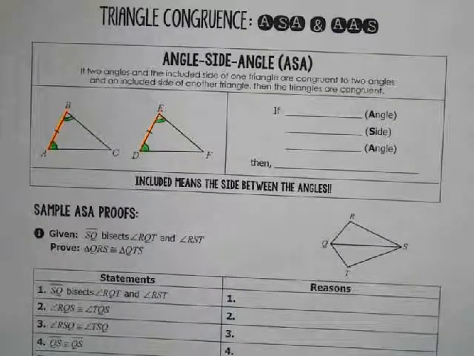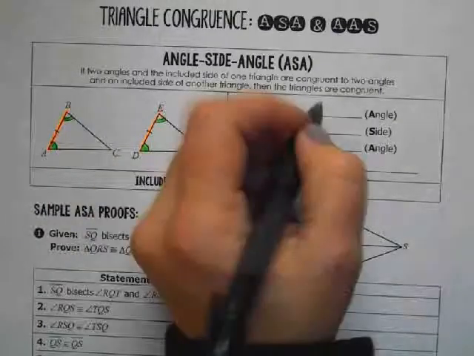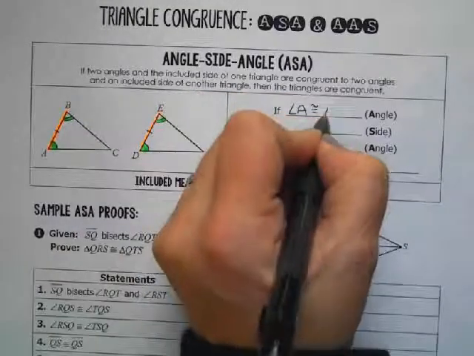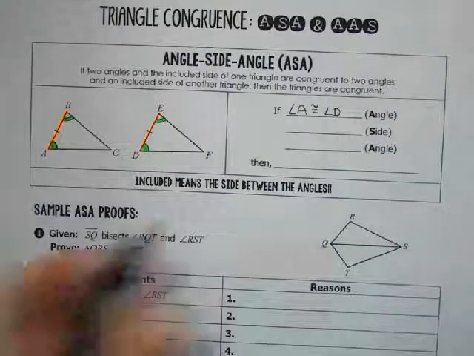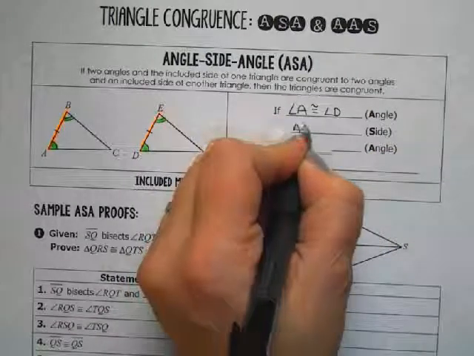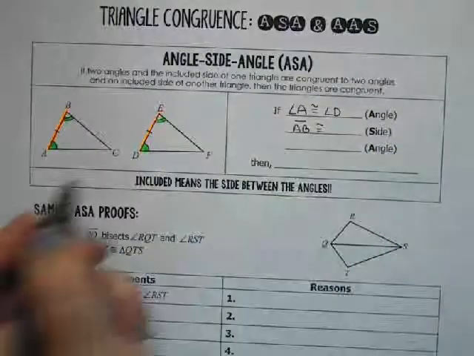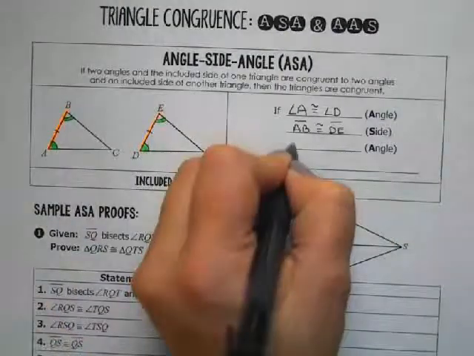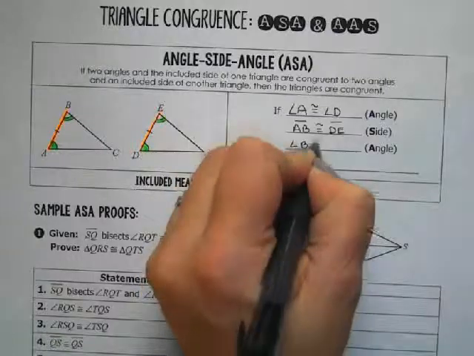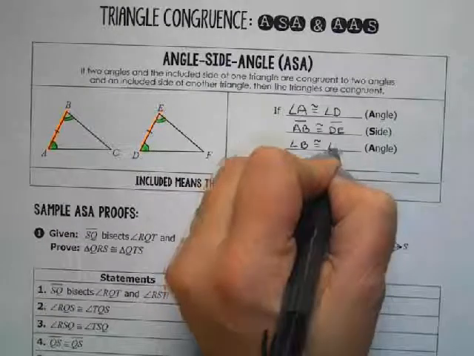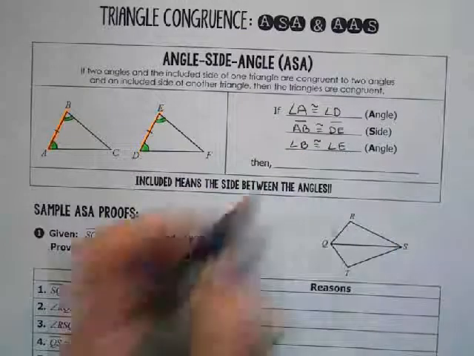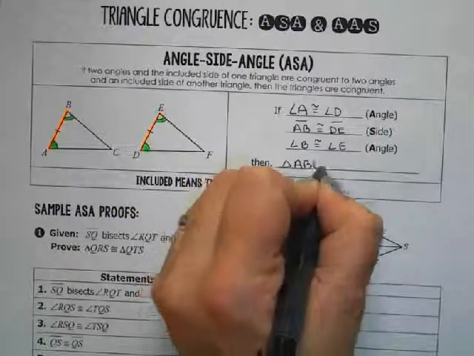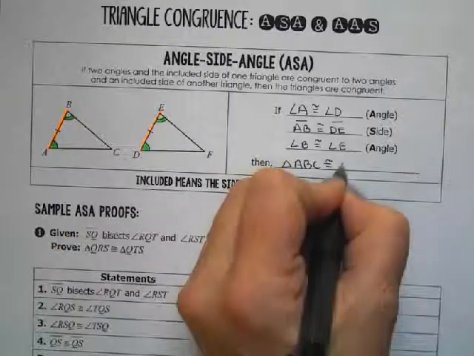So if angle A is congruent to angle D, side AB is congruent to side DE, and angle B is congruent to angle E, then triangle ABC is congruent to triangle DEF.